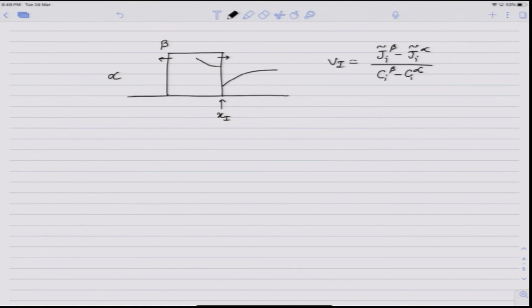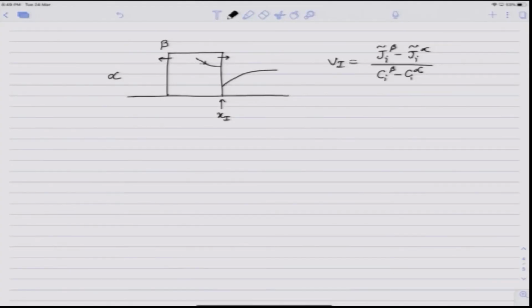Most of the time the precipitates are line compounds, which means there is no concentration gradient within the precipitate, and hence we can assume safely that J̃_i^β is close to 0, and so we can write V_i, if we use Fick's law, minus D̃^α times ∂C_i/∂x in alpha.